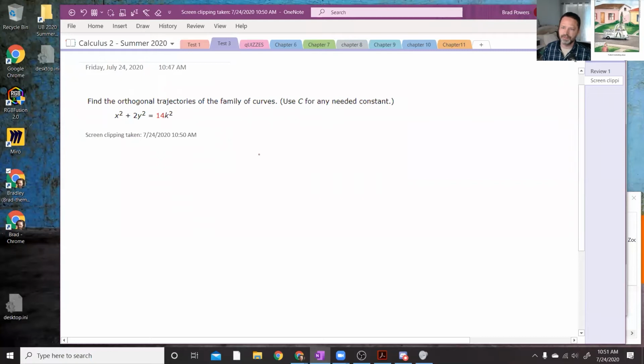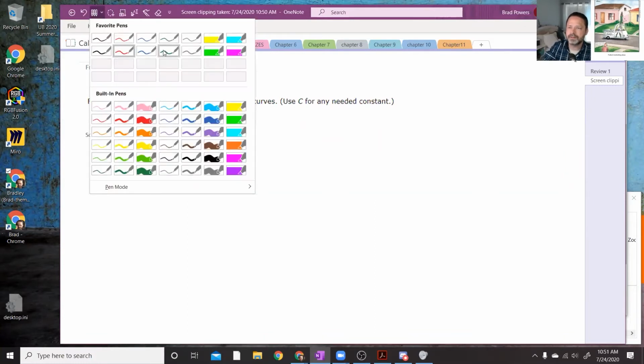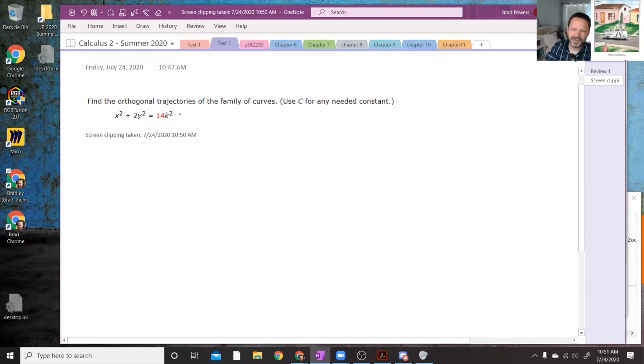Well, we'll say equals something k squared. That's going to be some conic section. We're going to assume k is a constant. And we could plop this in, even in Desmos, put in a k and just see what kind of stuff we get.